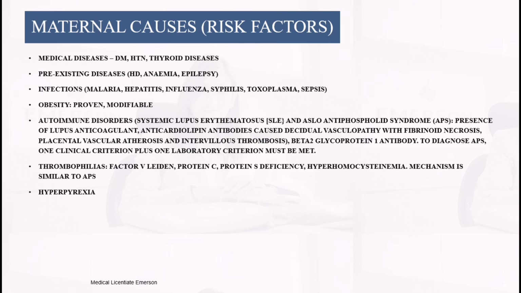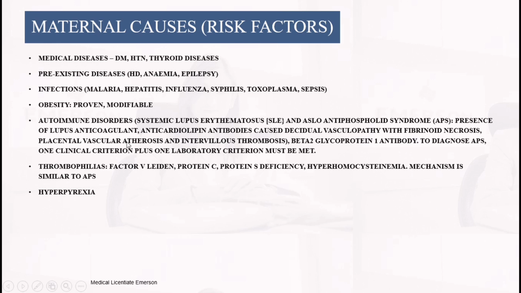Then we have other autoimmune disorders which can cause it, such as systemic lupus erythematosus or SLE, and also antiphospholipid syndrome, known as APS, which is the presence of lupus anticoagulant, then also anticardiolipin antibodies, caused by decidual vasculopathy with fibrinoid necrosis.